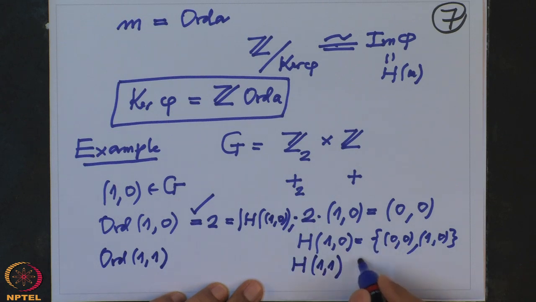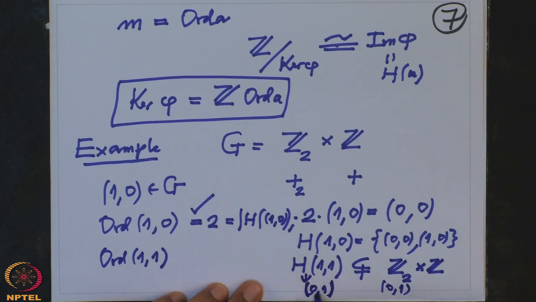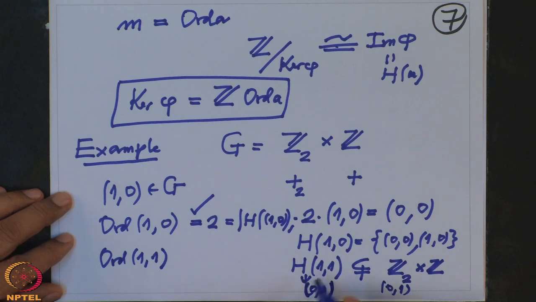Obviously, I claim that this subgroup cannot be the whole group simply because the element (0, 1) is an element here and (0, 1) can never be an element here, because to get (0, 1) you would have to multiply this element by some integer, but when you multiply this element the second component can never be 1 again. So, therefore, this subgroup is actually infinite.